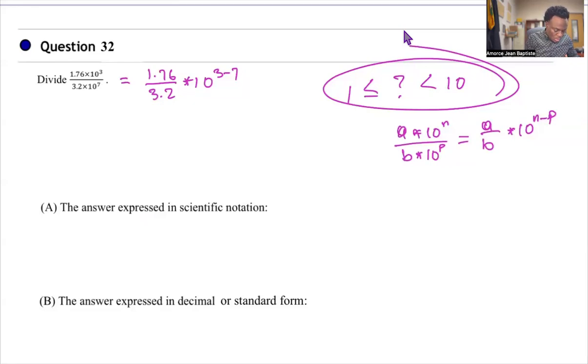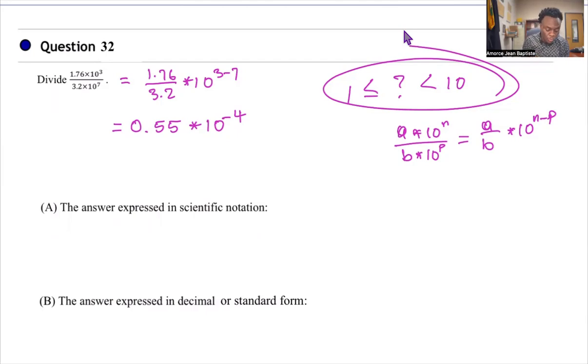1.76 divided by 3.2, that is 0.55 times 10 exponent -4. Obviously, this number is smaller than 1.